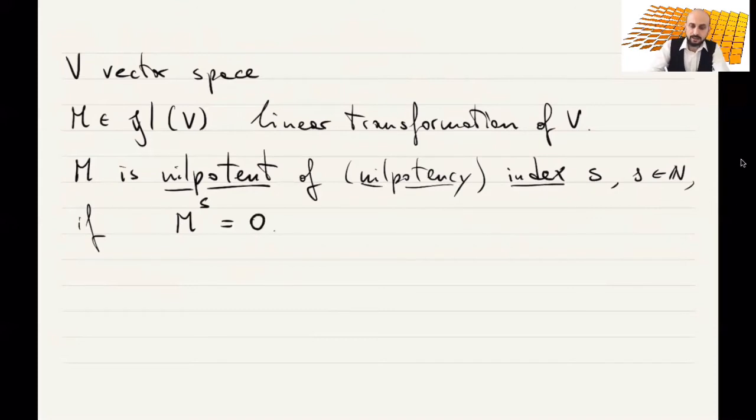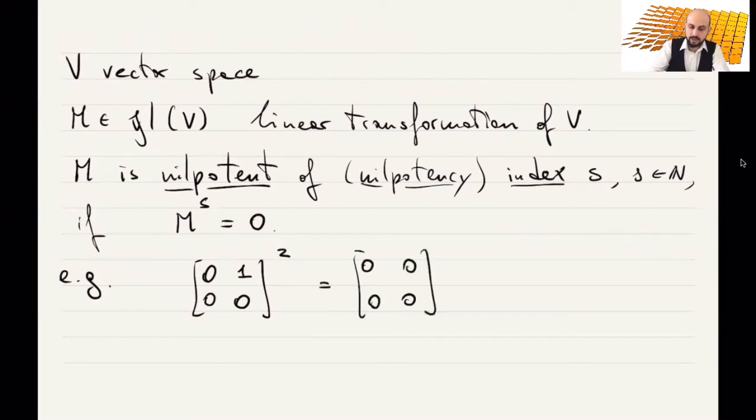Okay. And the example that you should have in mind is something like a matrix of this form. This is a 2 by 2 matrix. Now, if I take the square, it is pretty easy to check that this is 0. And in general, whenever you have an upper triangular matrix, if you take enough powers, then you have the 0 matrix.